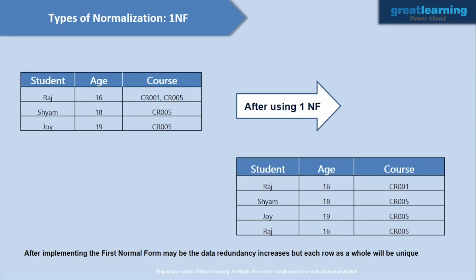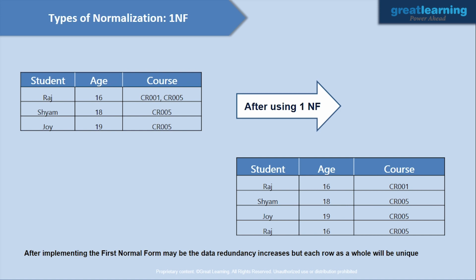Suppose we have a table called student, age and course. Now you can see in the first table we have two courses under Raj. So basically from that we can say maybe Raj is enrolled for two courses, that is CR001 and CR005.